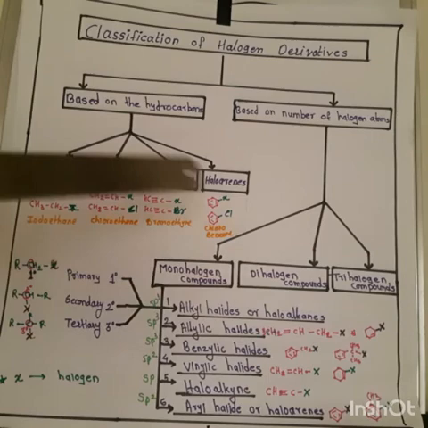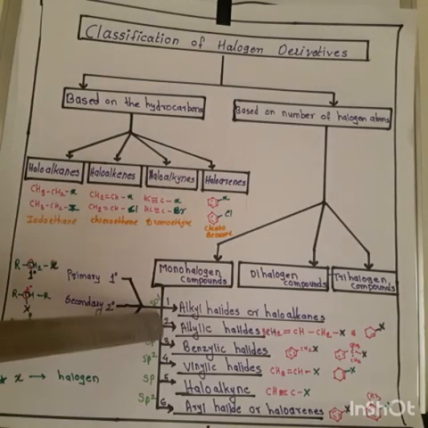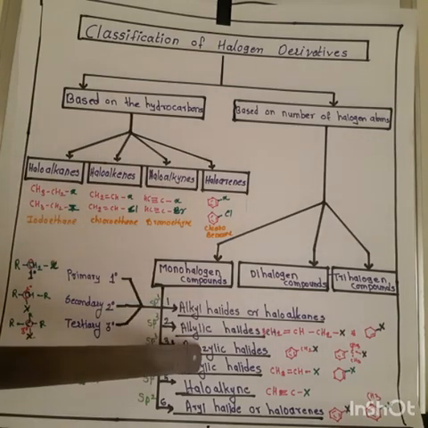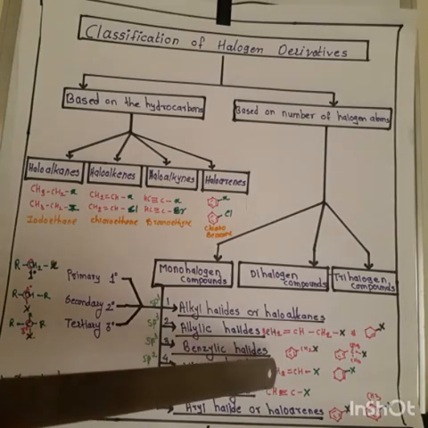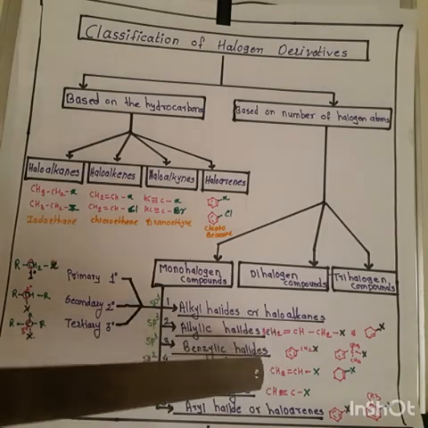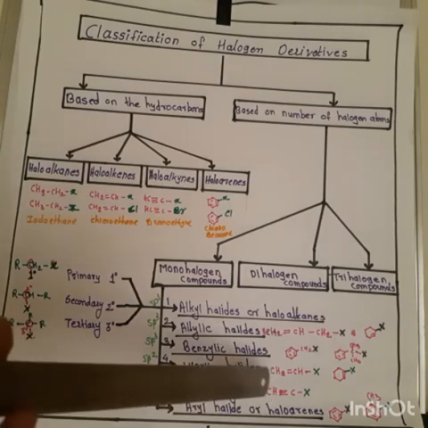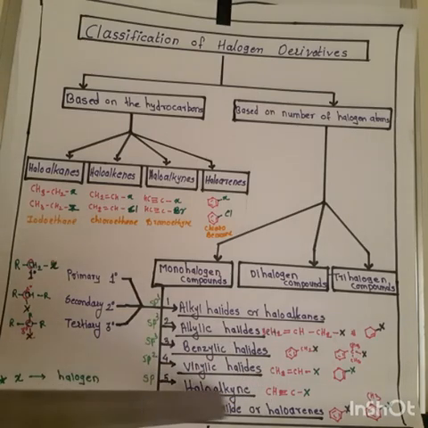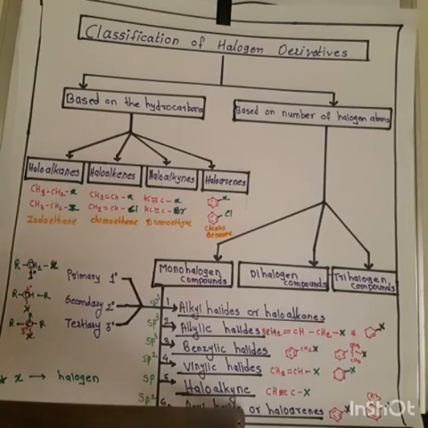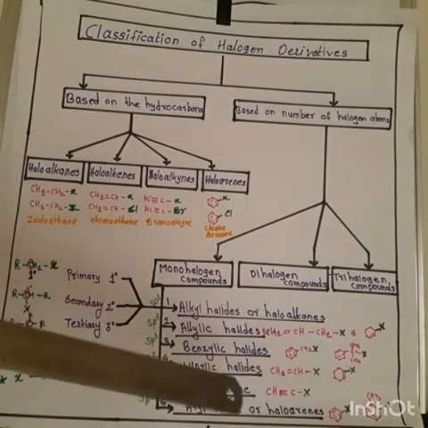Further, monohalogen compounds are classified as alkyl halides, allylic halides, benzylic halides, vinylic halides, haloalkyne and aryl halides or haloarenes.